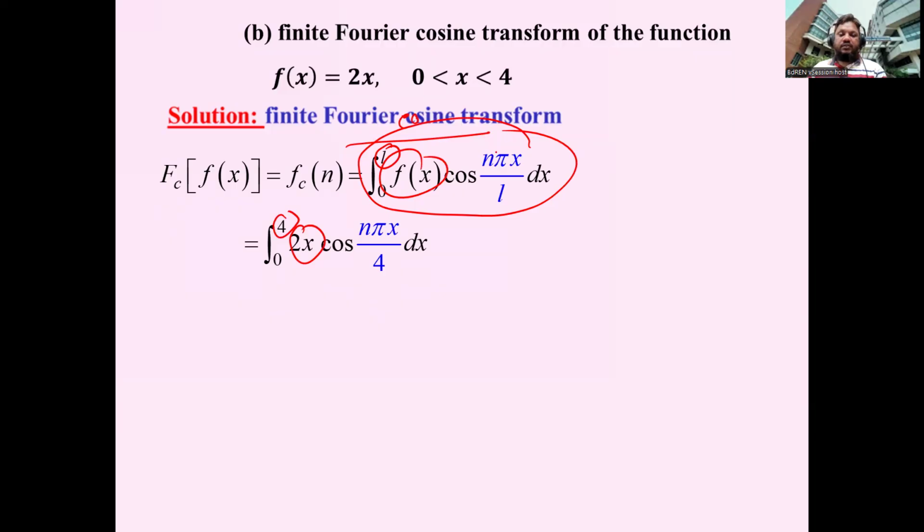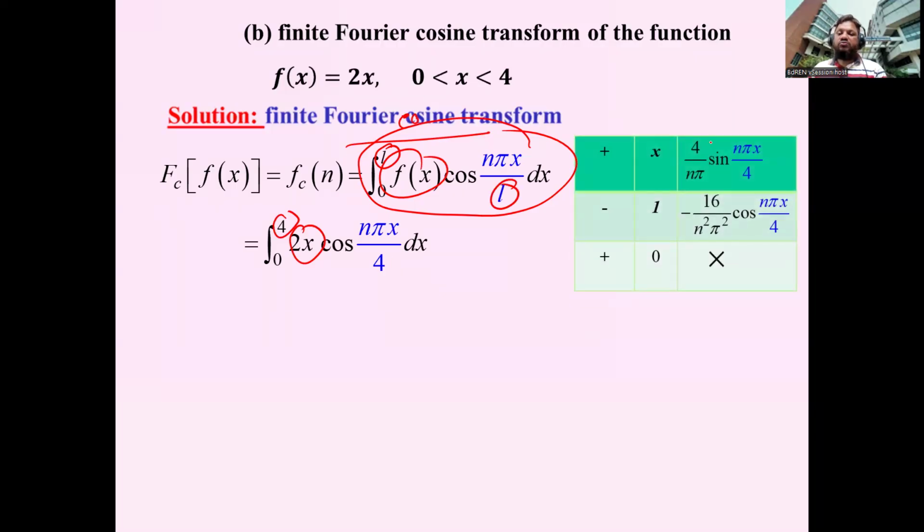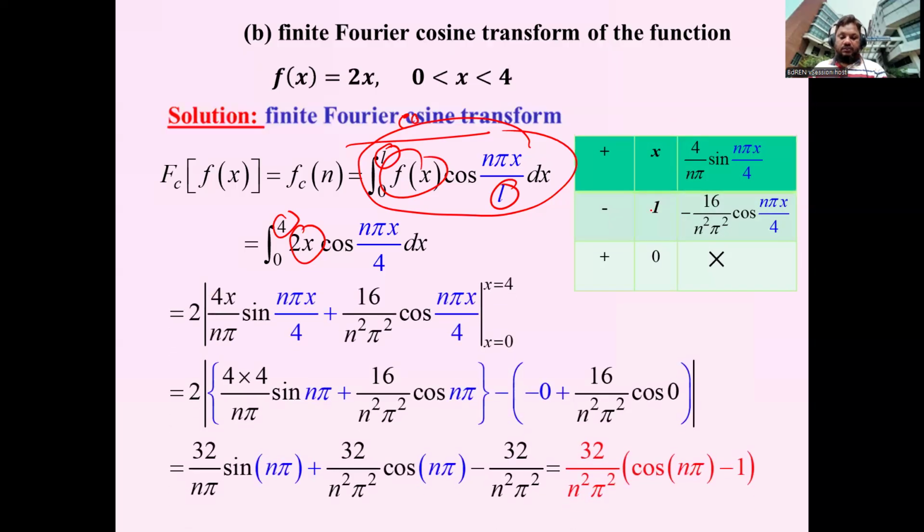So we write 2x cos(n pi x by 4), use the tabular method, and put the values x equal to 4 and x equal to 0. Your calculation will be this one. You can also write cos n pi as negative 1 to the power n. So the result is 32 by n square pi square times (cos n pi minus 1).